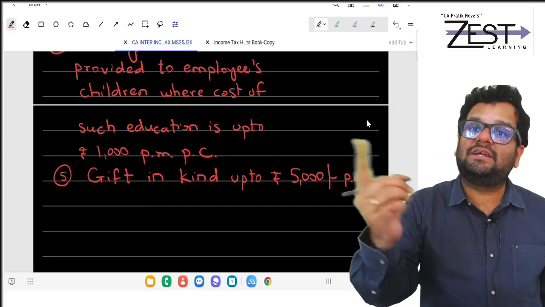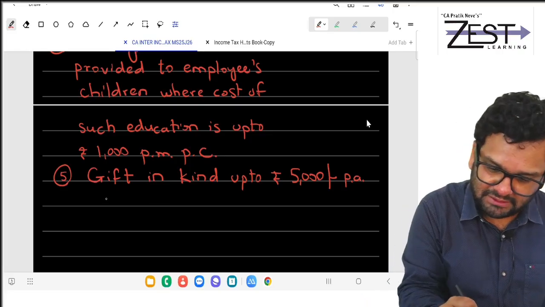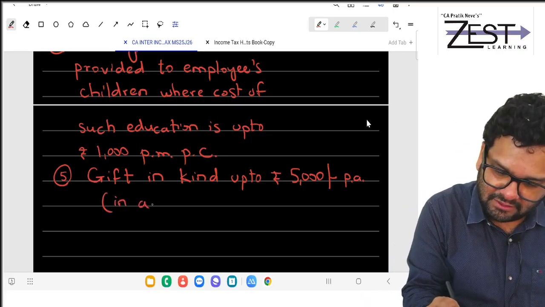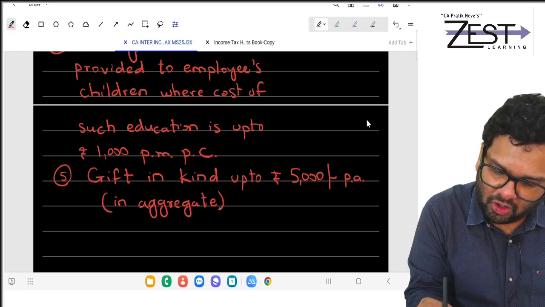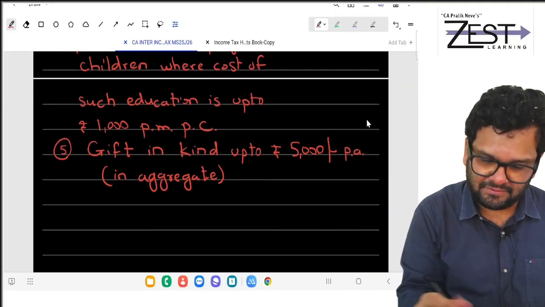Gift in kind up to rupees 5000 per annum in aggregate. Understood now? In aggregate means all gifts put together. Next.